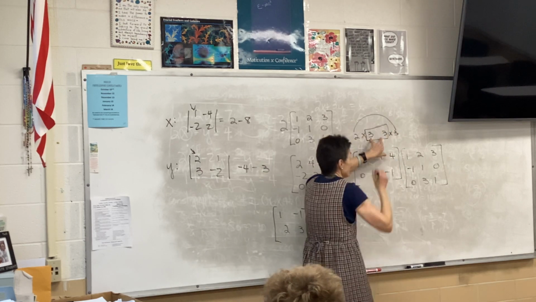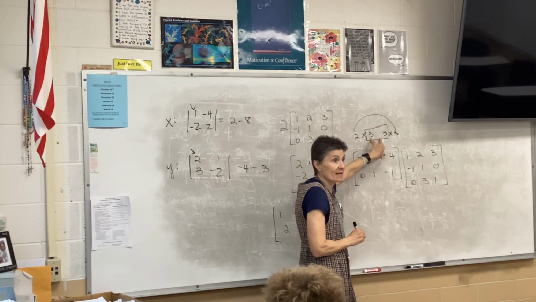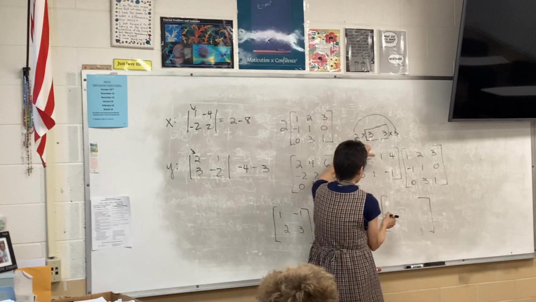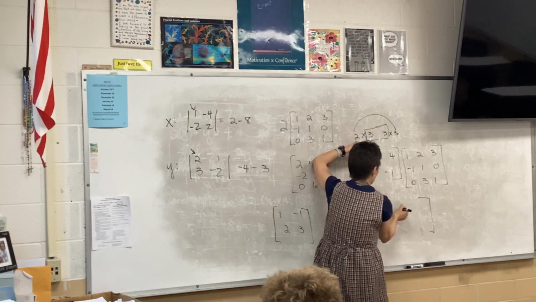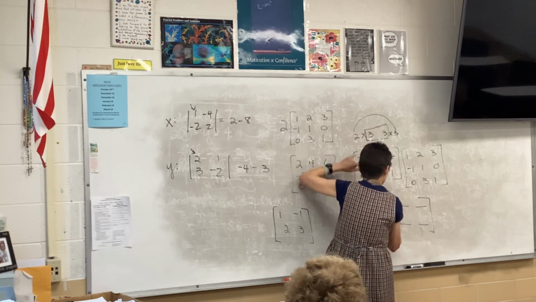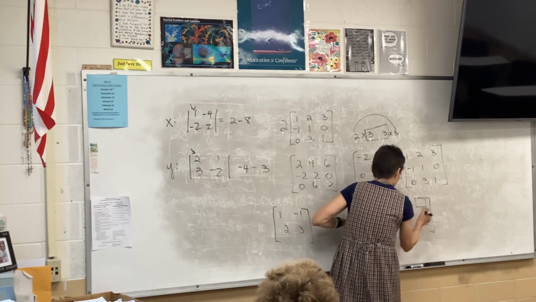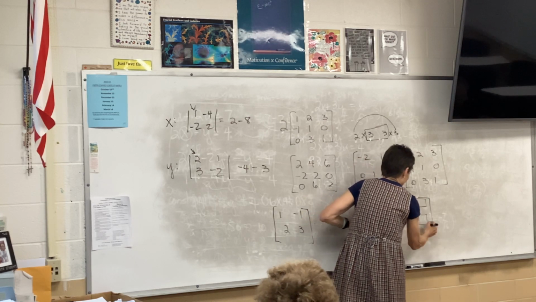These 2 dimensions tell me how big the answer is. So the answer to this problem is going to have 2 rows and 3 columns. So I'm going to fill in all these boxes. Okay?